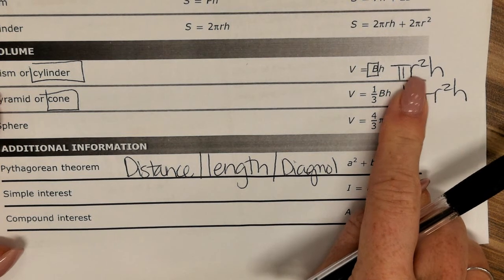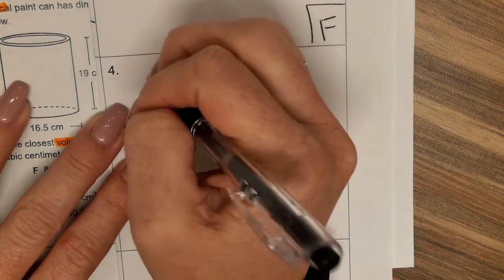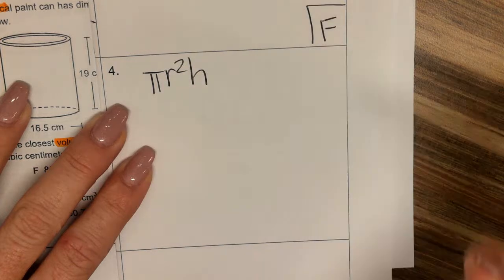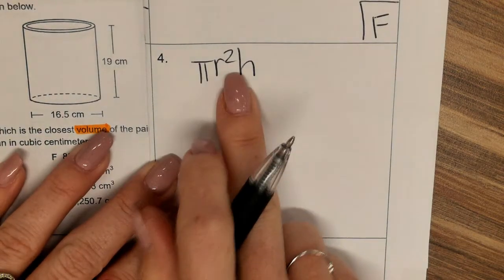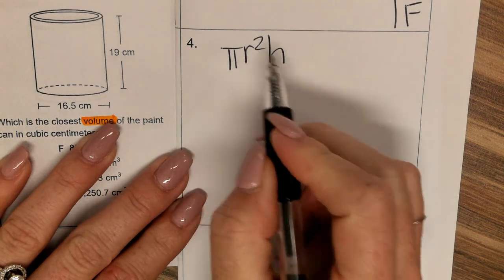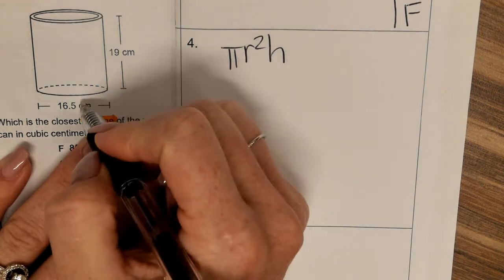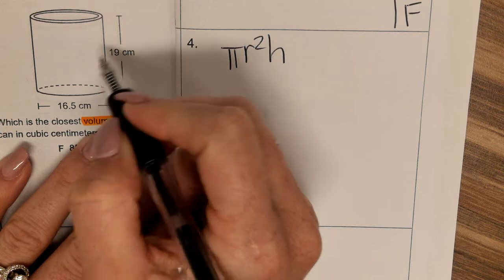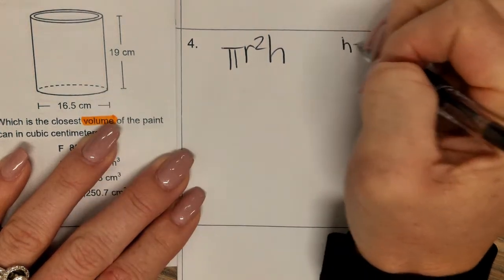So you should have written down pi r squared h. If you didn't write it down, you didn't even try. That's your formula. So now we need to go find the radius and the height. Which one of these numbers is the height? So go write that down. The height is 19.